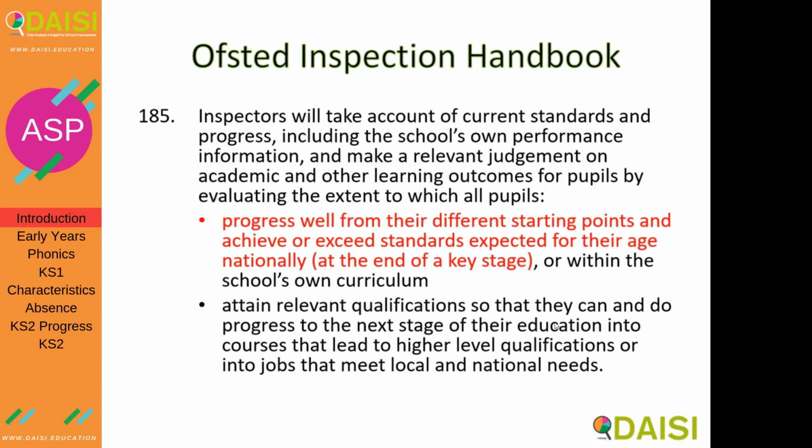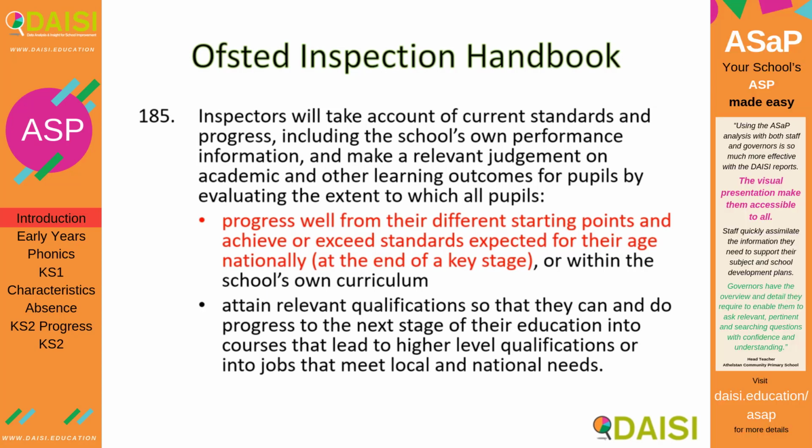So inspectors will take account of current standards and progress, including the school's own performance information, and make a relevant judgment for pupils, evaluating the extent to which they progress well from their different starting points and achieve or exceed standards expected for their age nationally at the end of key stage. So it's progress and it's attainment.